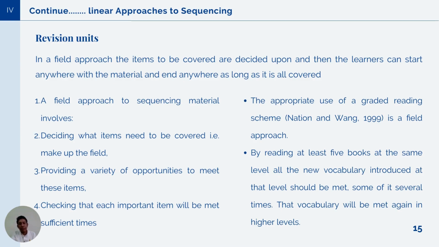The appropriate use of graded reading schemes is a field approach. By reading at least 5 books at the same level, all the new vocabulary introduced at that level should be met, some of it several times. That vocabulary will be met again in higher levels.